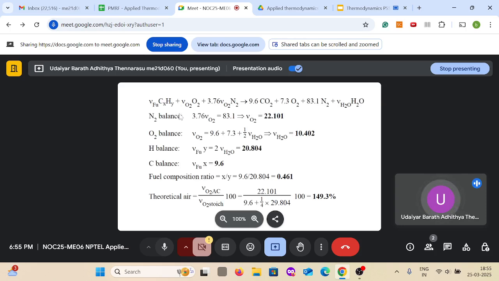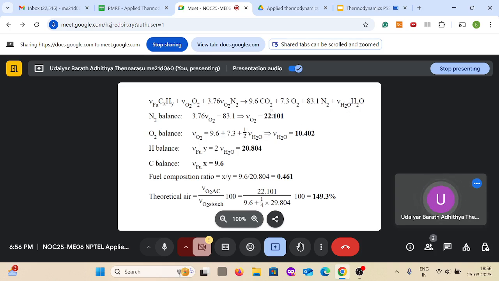So doing individual component atom balances, N2 balance: 3.76 times the moles of oxygen gives you 83.1. So the moles of oxygen present is 22.101. Similarly, oxygen balance: moles of oxygen equals 9.6 plus 7.3, which is the present oxygen, plus half of the moles of water.